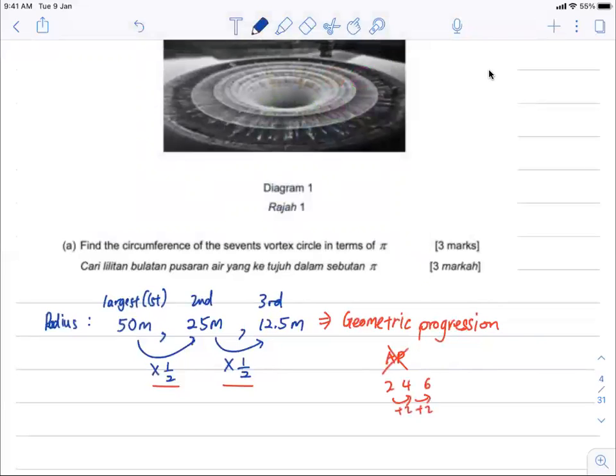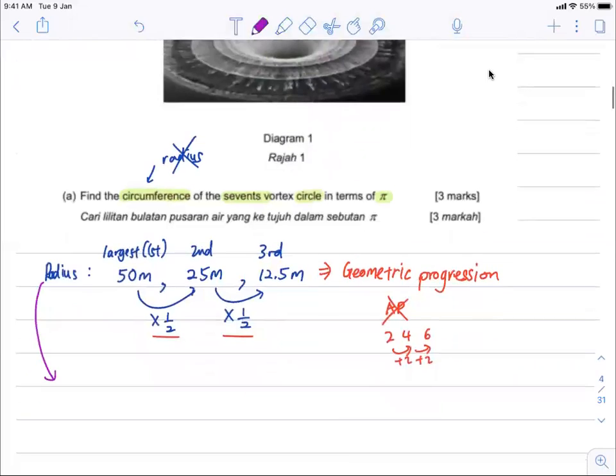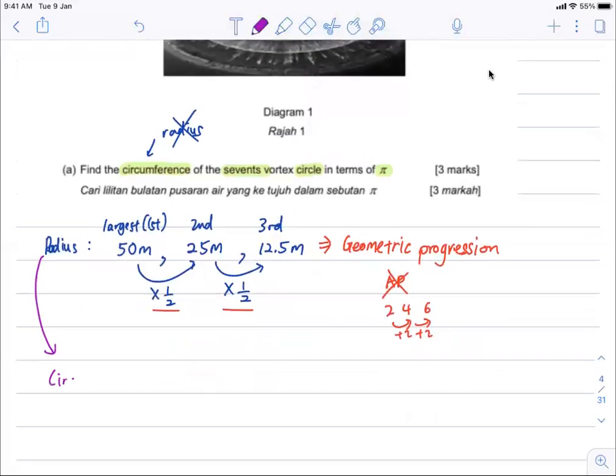A, they want us to find the circumference of the 7th circle in terms of pi. So note that the question wants us to find circumference. It doesn't want us to find radius. So this means it's better that we convert the radius into circumference like this.